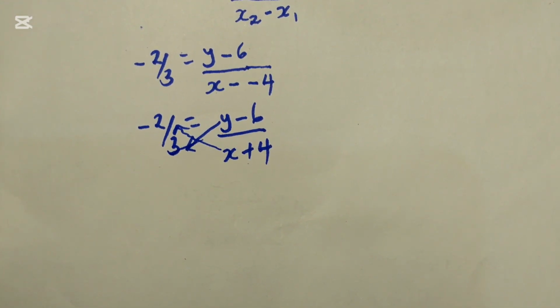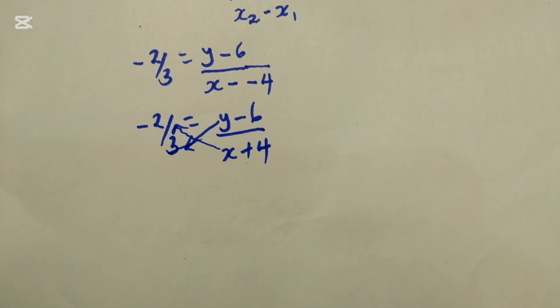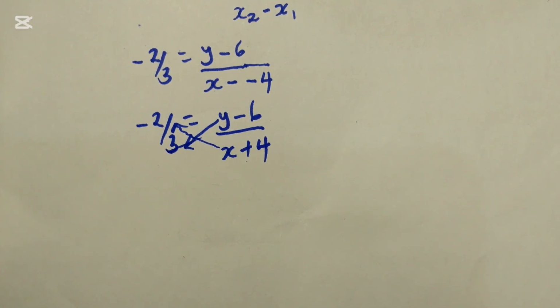Keep tuned, because we are going to see how we can write an equation of a straight line in the form of the general equation. That is why I'm always starting with the part that has y. I'll explain that further in the next lesson. Make sure you check out the next video.